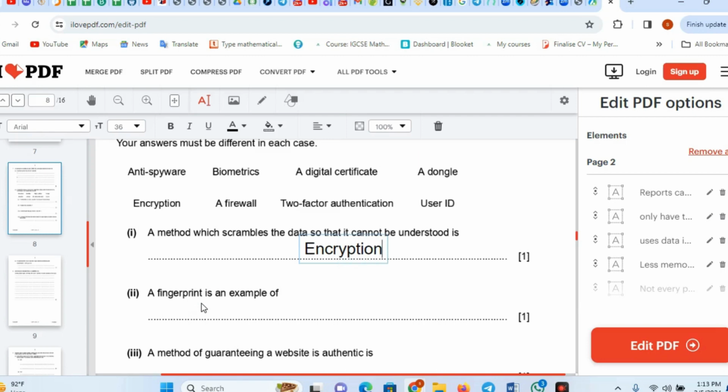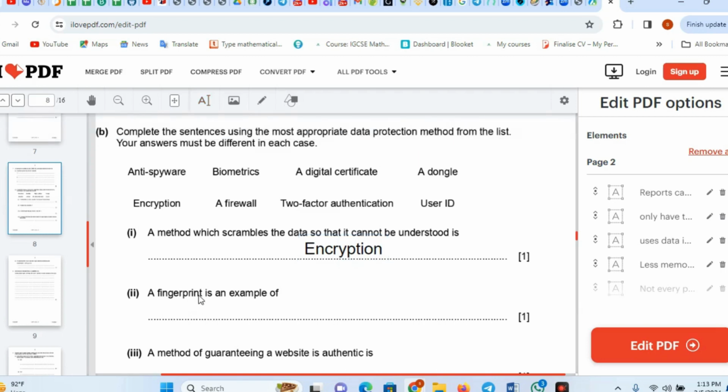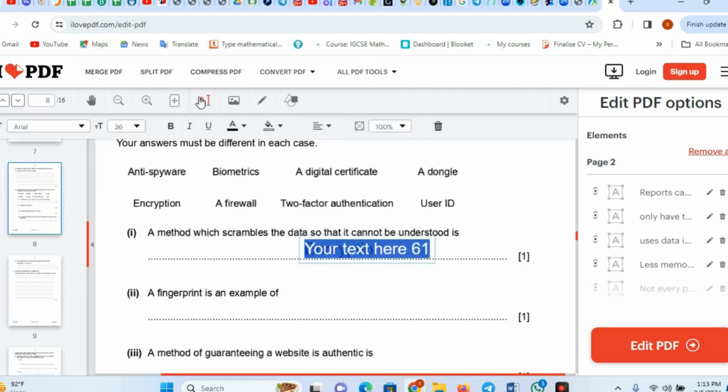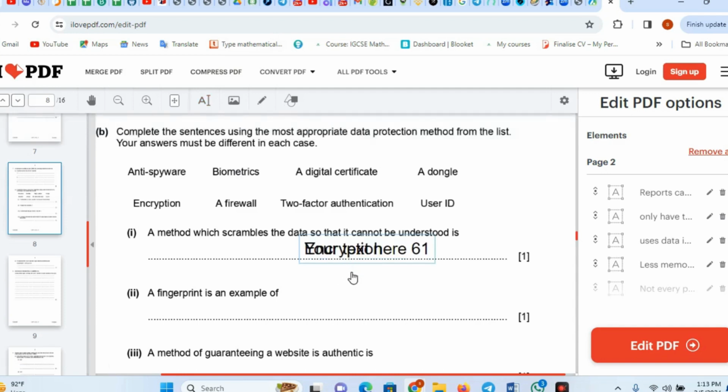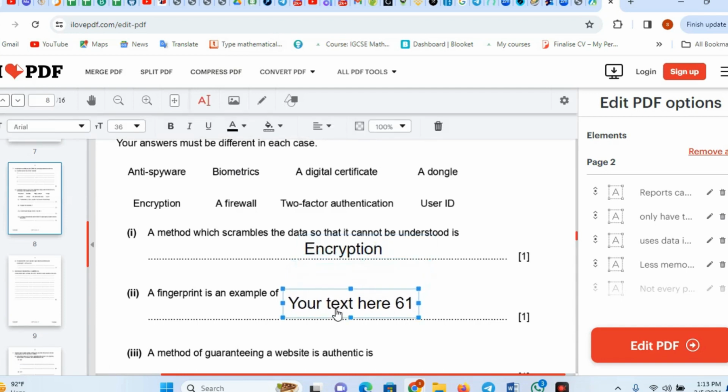Then a fingerprint is an example of what? Out of this here, which one is an example of a fingerprint? Yes, correct. It's biometrics. You also have it on your phones. That is, they ask you to use a code or a biometric.